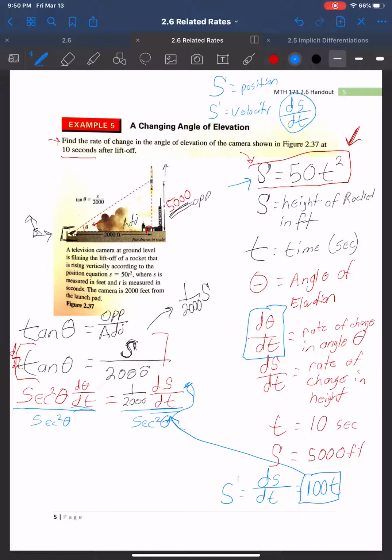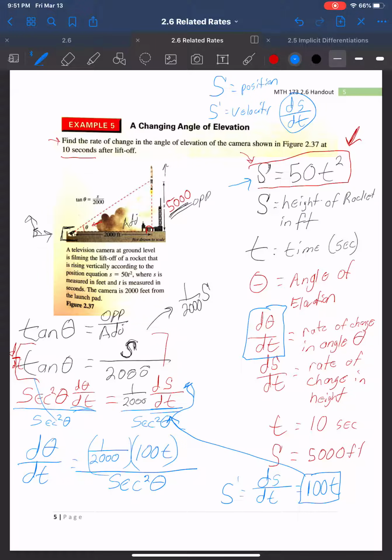So these would cancel, so that would leave me with d theta dt is equal to 1/2000th times, remember, ds dt is 100t, all of this over secant squared theta.